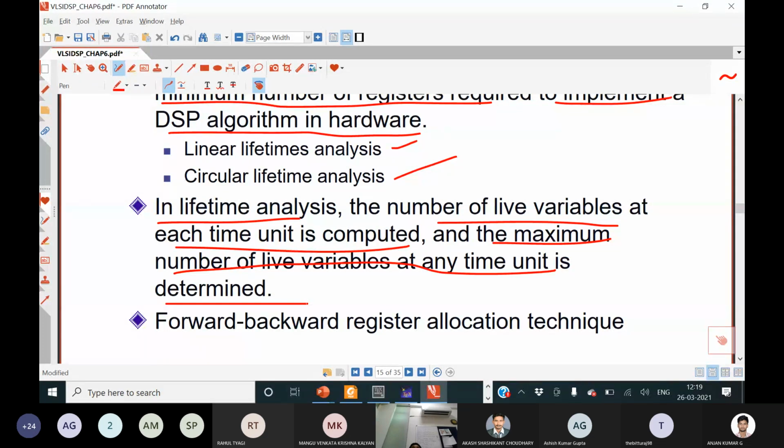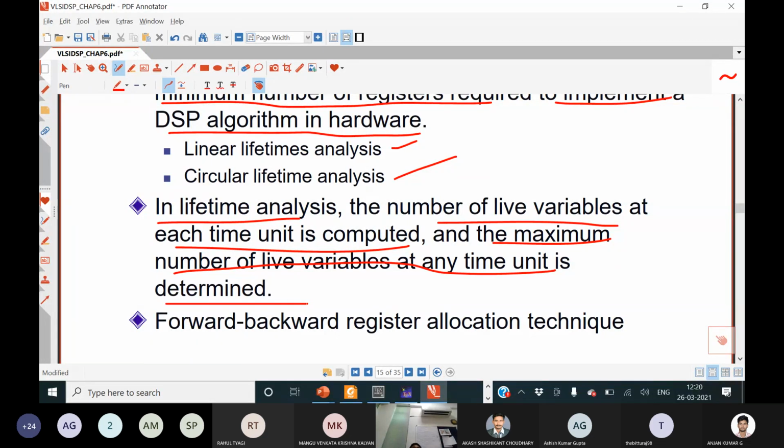I need to find the requirement for each clock cycle, and from that identify the maximum number of registers at one particular clock. That gives you an idea of the bare minimum registers that you require.